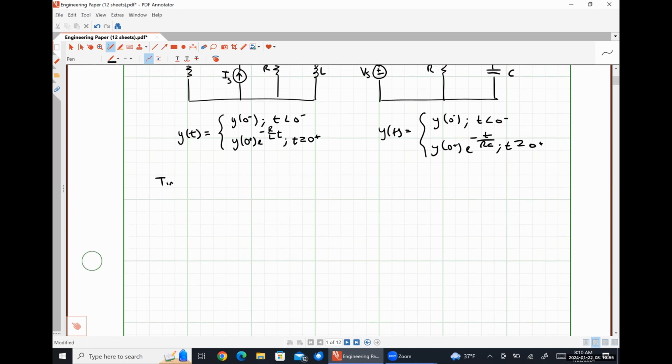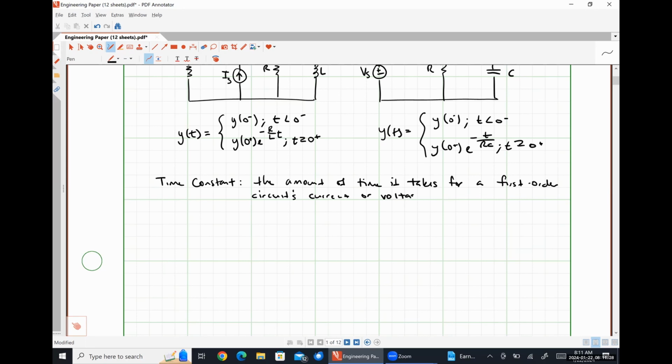So the time constant is defined as the amount of time it takes for a first order circuit's current or voltage to decay to 36.78% of its initial value.